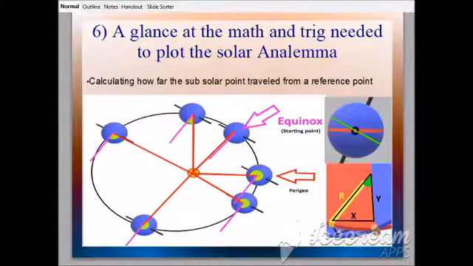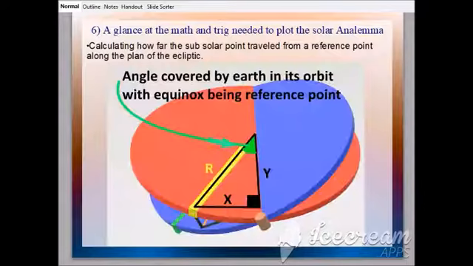So next, alright, so what do we do with that? Calculating how far the subsolar point traveled from a reference point along the plane of the ecliptic.